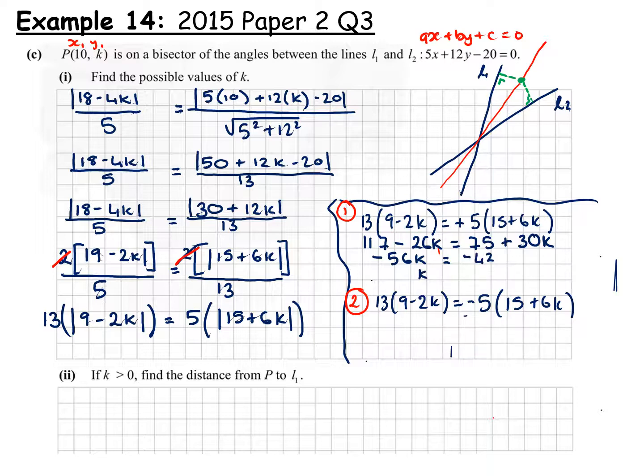And k then is equal to minus 42 divided by 56. And that simplifies down to 3 over 4. If you want it in decimal, 0.75.